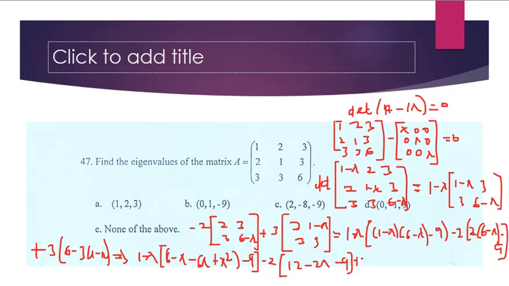And then we have 3, and 6 minus 3, minus 3 lambda.